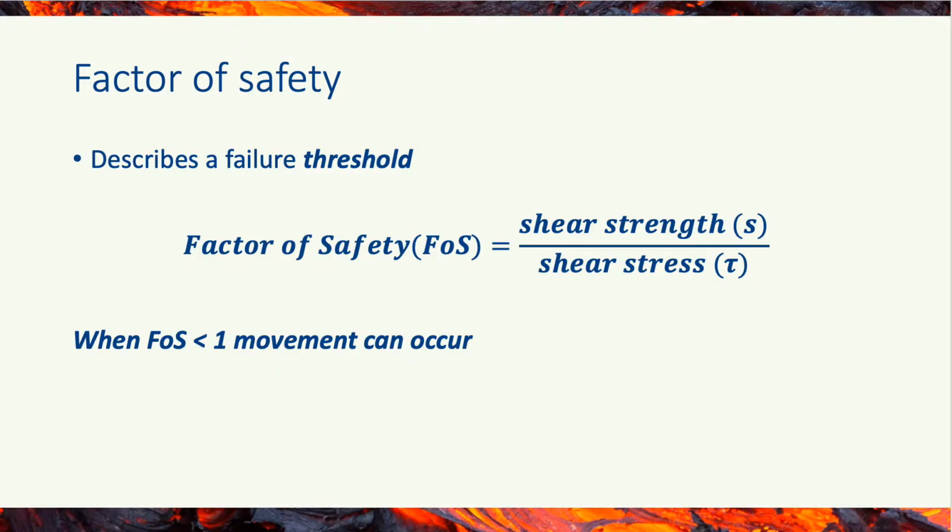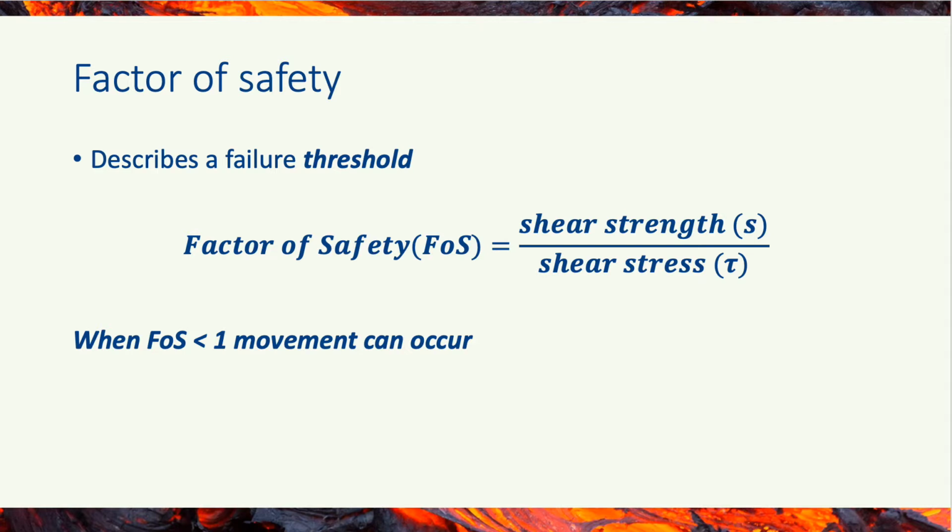When talking about the risk posed by landslides, one of the most important things to consider is what's called the factor of safety. This is a very simple calculation that gives you an idea of the threshold of whether a landslide occurs or not.